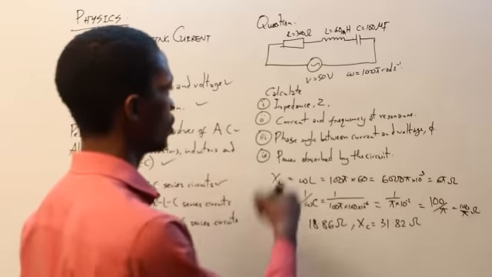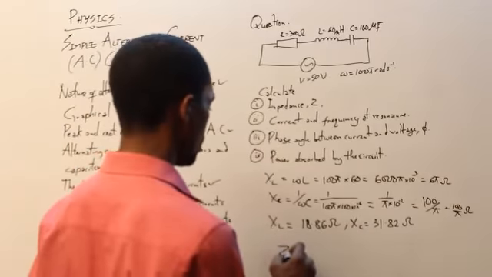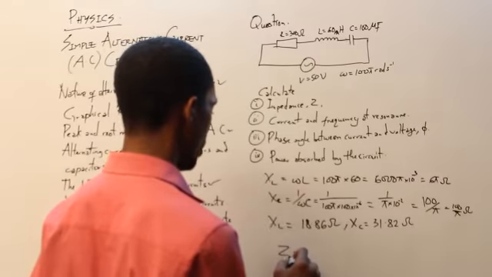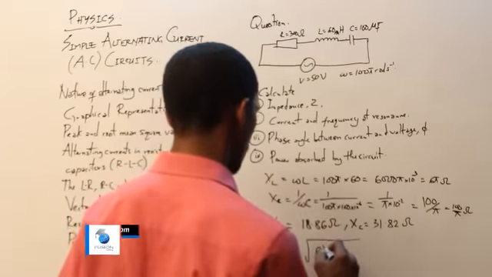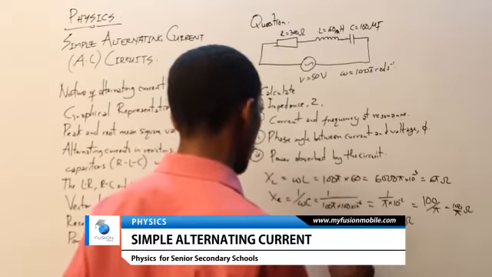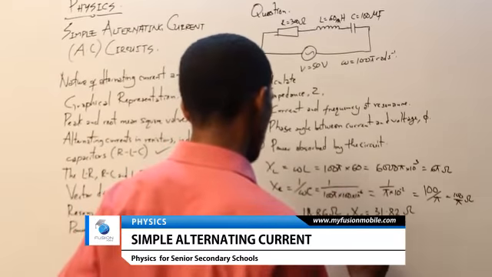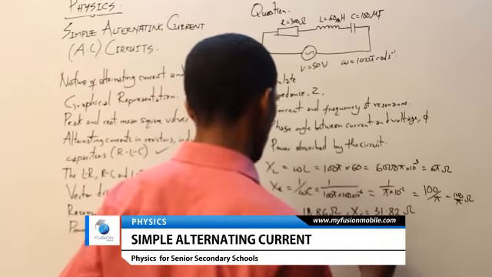So we can go ahead and use our formula for impedance. Impedance Z of the RLC circuit equals the square root of R squared plus, in bracket, XL minus XC all squared.